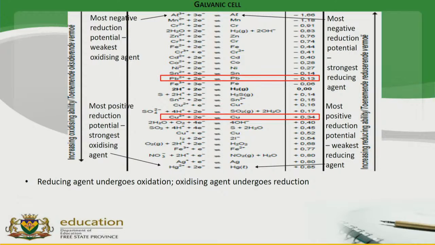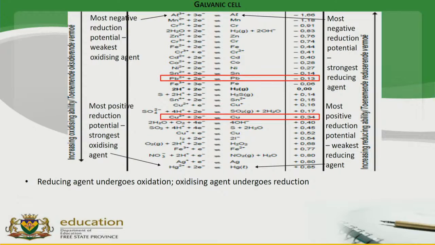And then on the left hand side, you have lead ion and copper ion. On the arrow it says increasing oxidizing ability, so lead ion and copper ion are oxidizing agents. When you move down the arrow, the oxidizing ability increases.